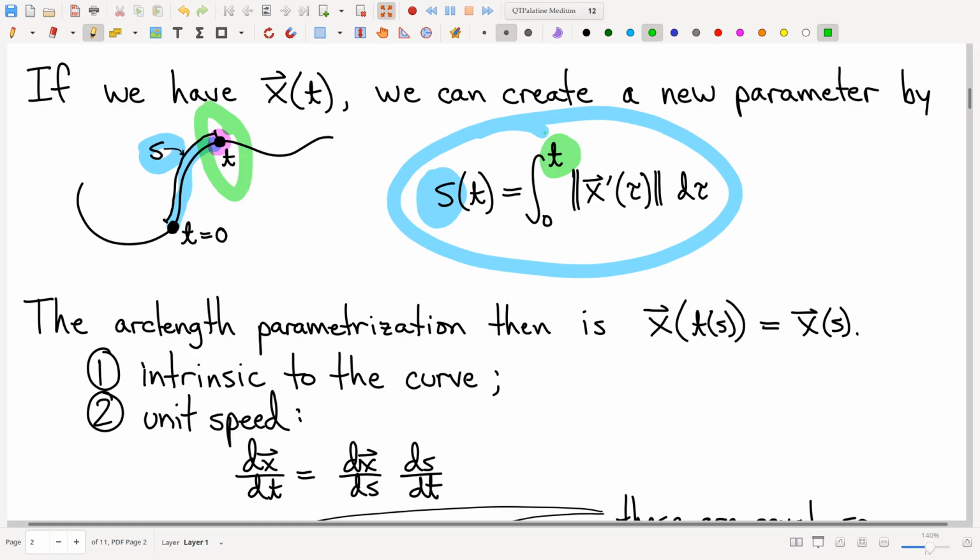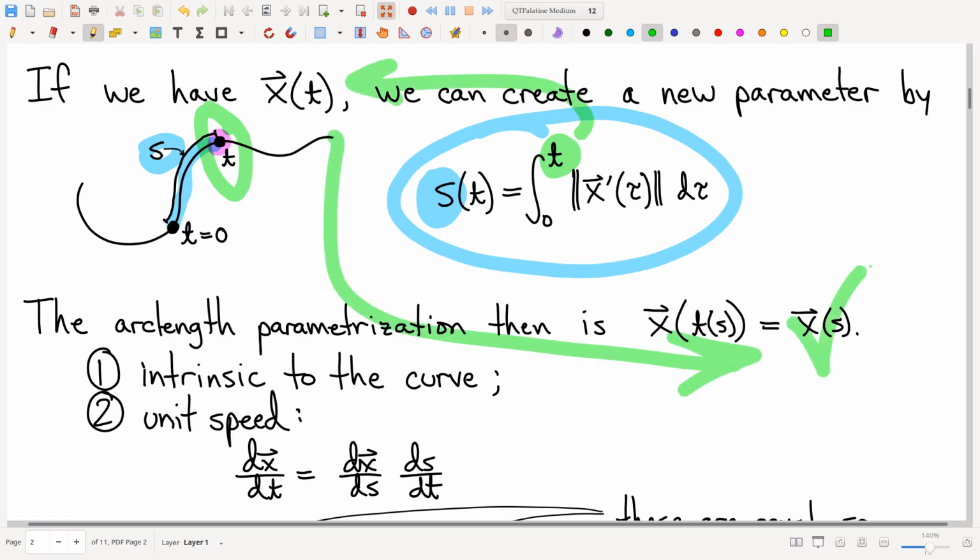How much distance have I covered by time t? Well, there's our formula. It's the magnitude of the velocity, integral of the speed, whatever you want to call it. And there you go. You've got s as a function of t, and then just solve for t. Plug it into there, and out comes position as a function of s.